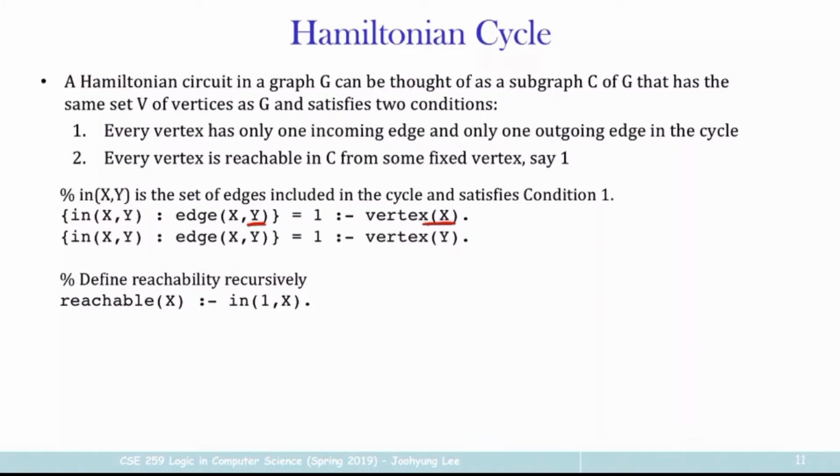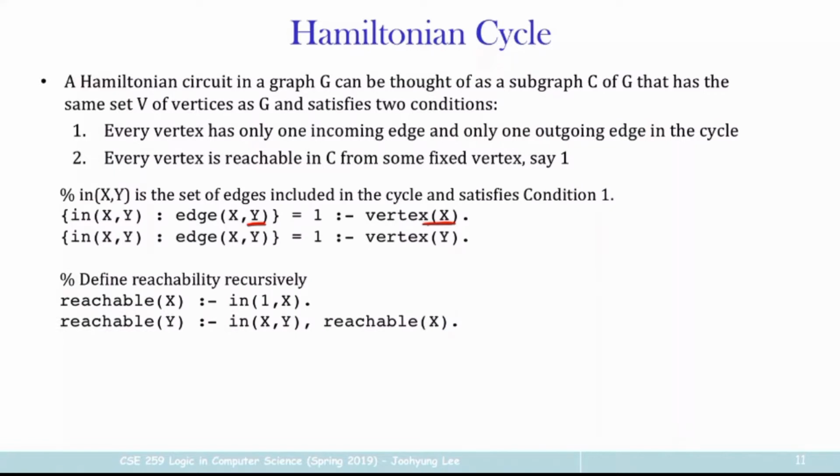If x is 2, meaning that from city 1 to city 2 was chosen as the path in the Hamiltonian cycle, then we can say the vertex 2, or city 2, is reachable, right? This is a base case. If you can go from 1 to the neighboring cities.